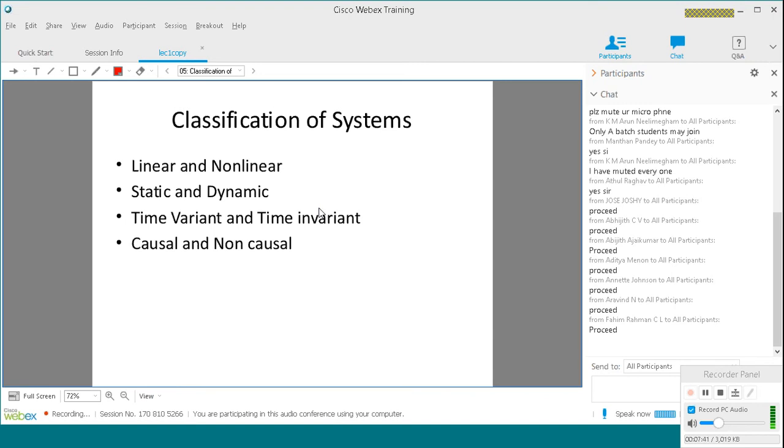Inherently, some systems are linear, for example your simple resistor network. If a voltage is applied across the resistor, current flows through it. A resistive load, for example, is a bulb. So voltage V is applied across the resistor and current flows through the resistor.